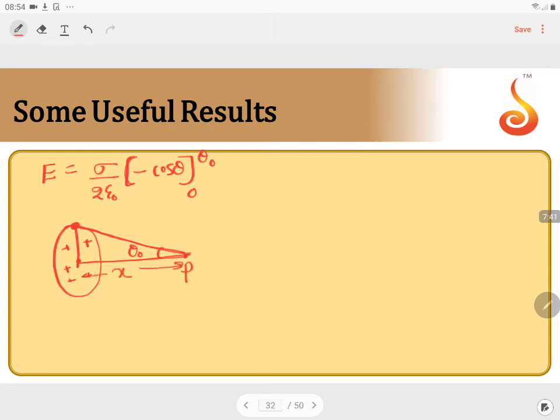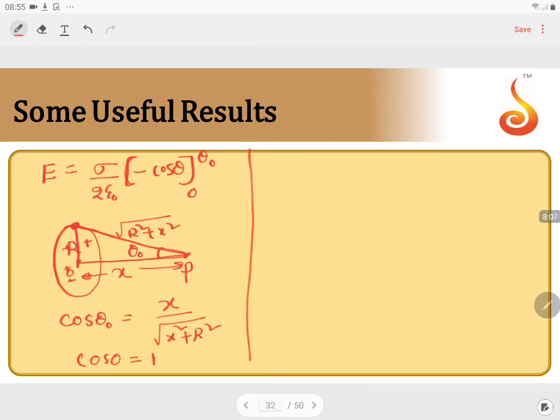The cos theta naught value comes out to be x divided by the hypotenuse, root over x square plus r square. So this is theta naught. What is the cos 0 value? Cos 0 is equal to 1.